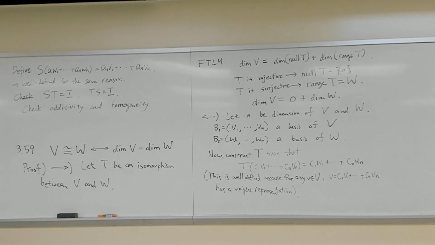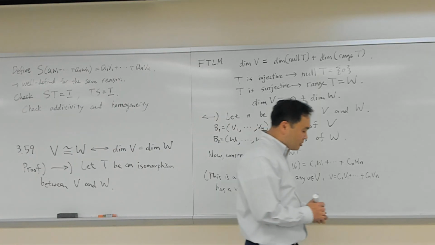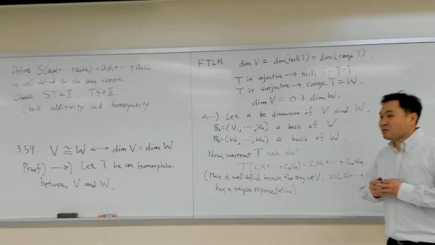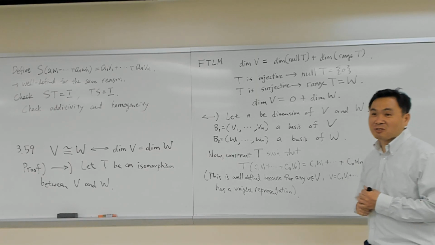So that says if you have two vector spaces that are isomorphic, then they must have the same dimension.